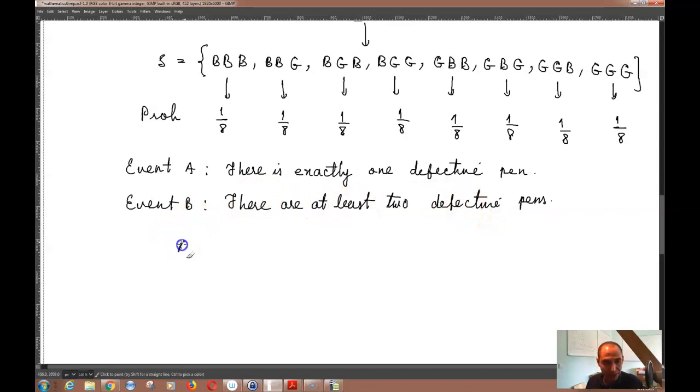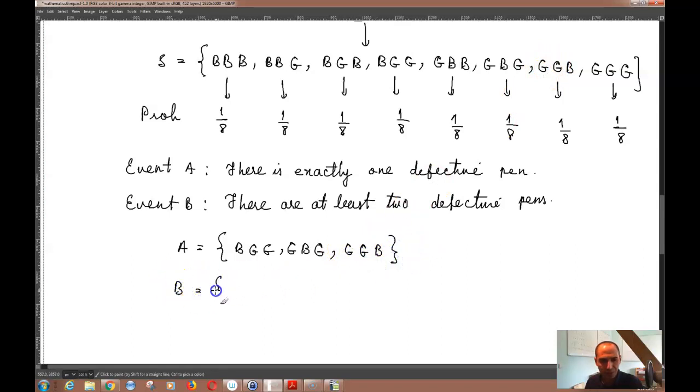Hence you can write A, where there is exactly one defective pen, as BGG, GBG, and GGB, and that's it.